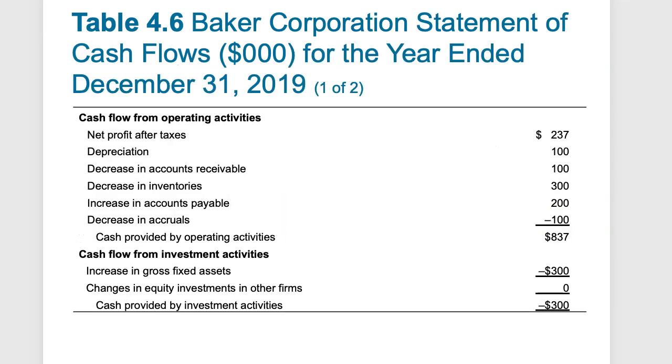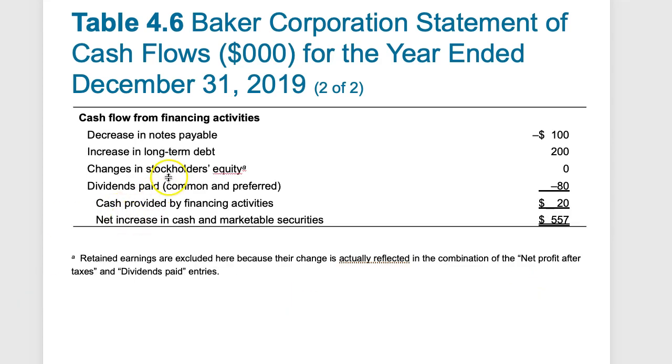What that means for our cash flow is that we spent an extra 300 on these gross fixed assets, so that's a reduction of cash by 300. Change in equity investments, no change. So we have cash provided by investment activities, net negative 300. We made $300 worth of investments in our gross fixed assets at this time.